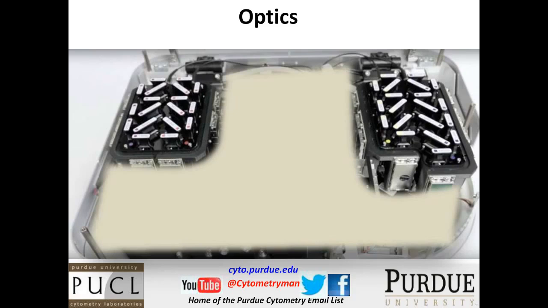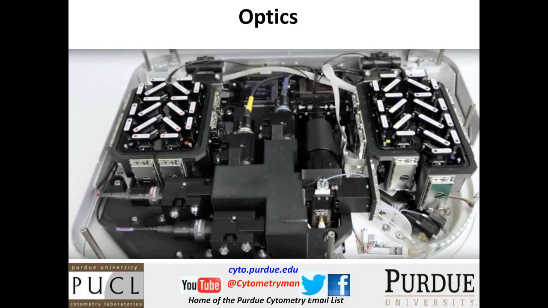So this is the core optical assembly that you have on the instrument, and you see here there's a fiber optic coming from somewhere or other, and that is addressing the detectors from the detector system.